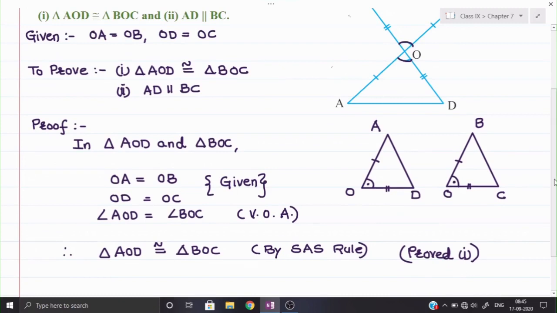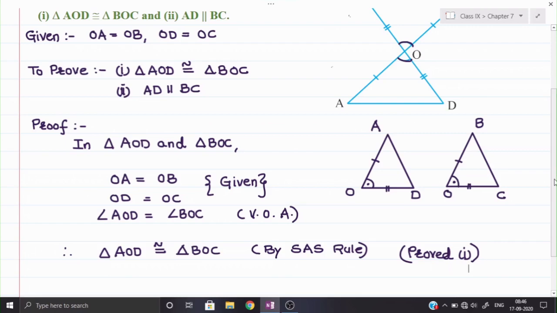Which two lines are they talking about? AD and BC. One thing remember, in class 10th when you prove that lines are parallel, you will have some more options to prove the lines parallel. But in class 9th you will have only one option. In that one option you can prove the lines parallel in three different ways. The first way is either you prove the pair of corresponding angles formed on the line are equal, or else you prove the alternate angles formed on the line are equal.